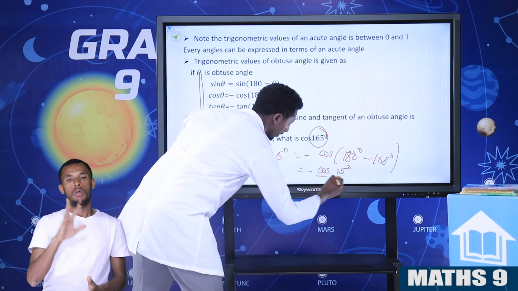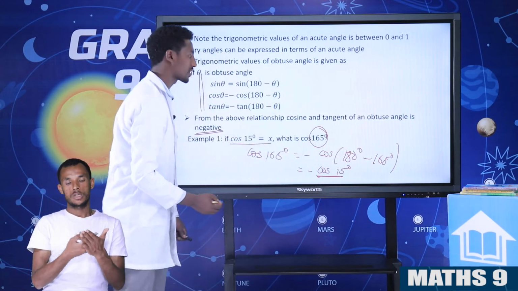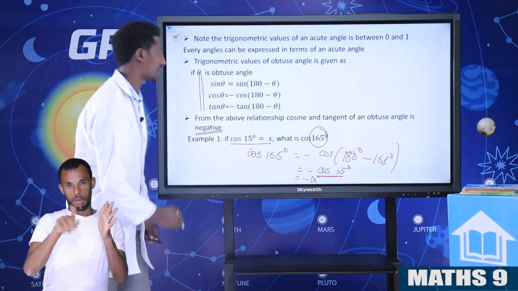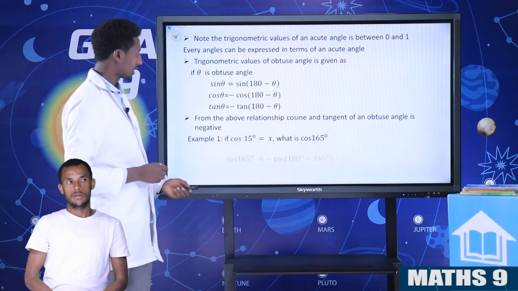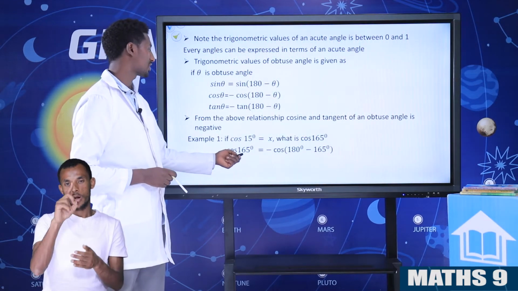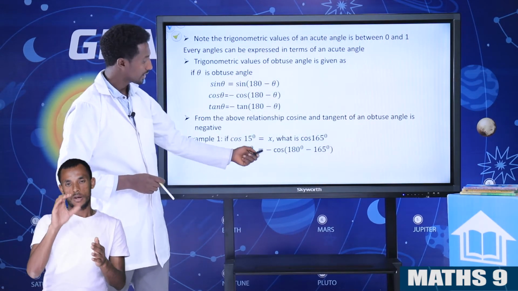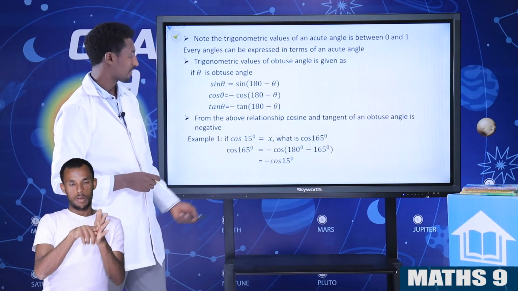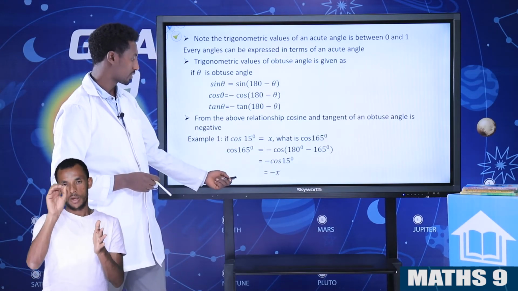But we know cos 15 degrees equals x. That is negative x. So you can practice this one.